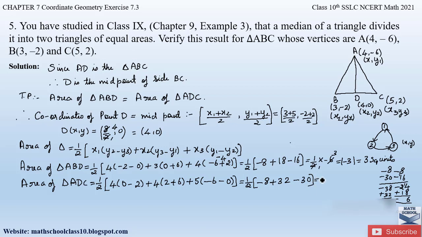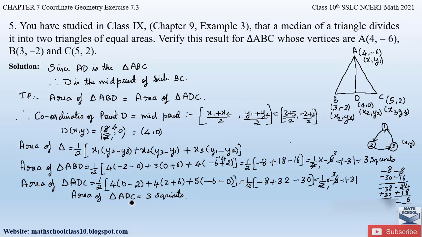So here again we will get half into minus 6, so cancelling, 1 times 2, 3 times, the value we got here is minus 3. So again, since the area cannot be negative, we are going to consider only the digit here, that is, the area of triangle ADC is equal to 3 square units.